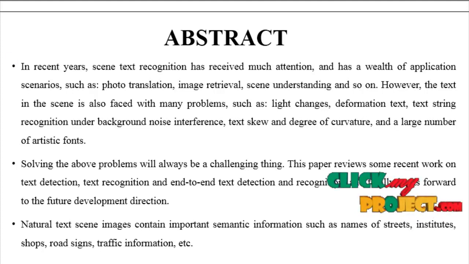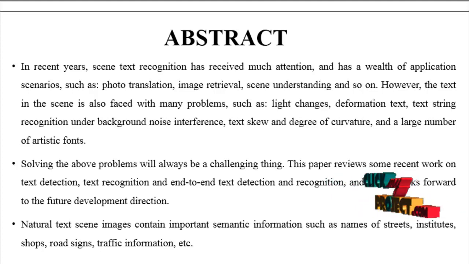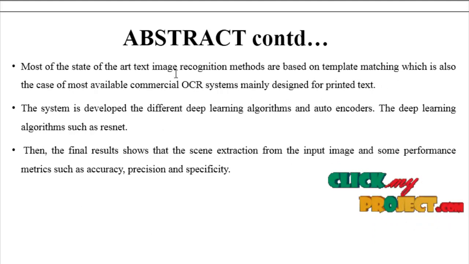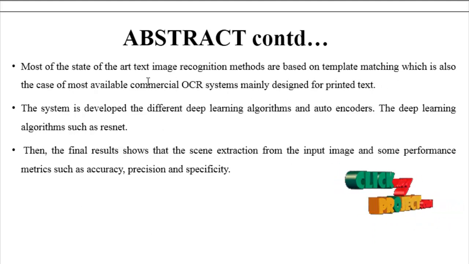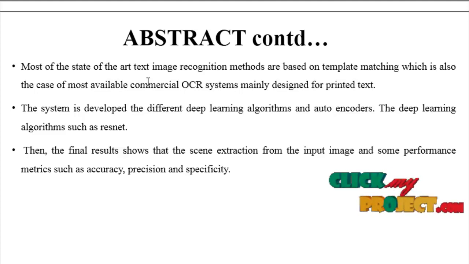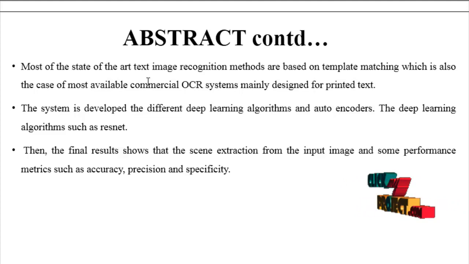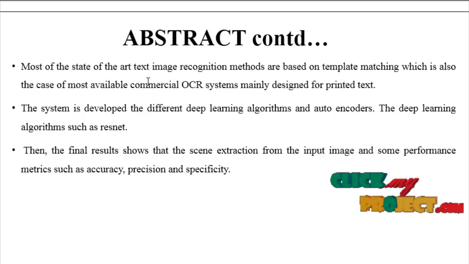Natural text scene images contain important semantic information such as names of streets, institutes, shops, road signs, traffic information, etc. Most state-of-the-art text image recognition methods are based on template matching, which is also the case for most available commercial OCR systems, mainly designed for printed text.